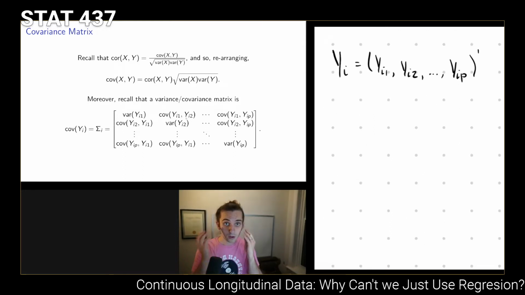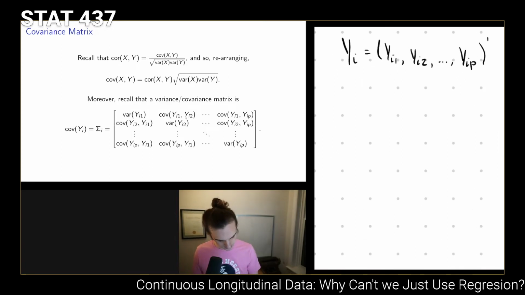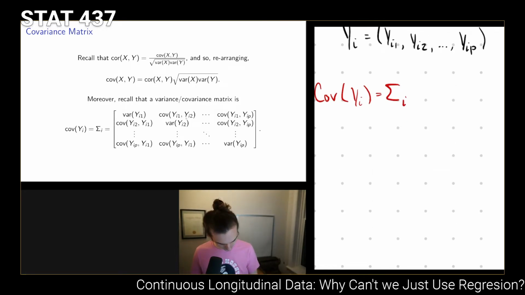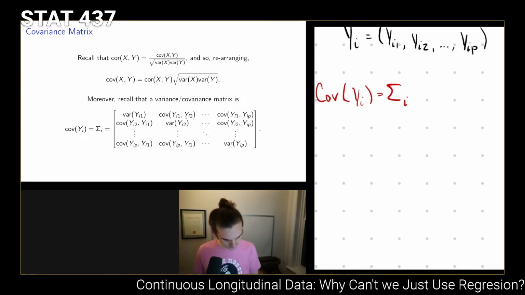And we can think about what we mean when we say the covariance of yi. The covariance of yi we've given this name of sigma i. There's a few ways of thinking about this, but the most obvious way is that this is going to be a p by p matrix, and the p is coming because it's a p-dimensional vector. I have this written out down here.